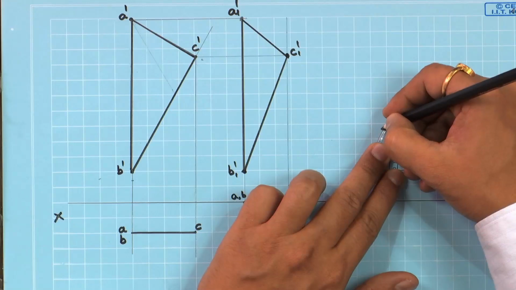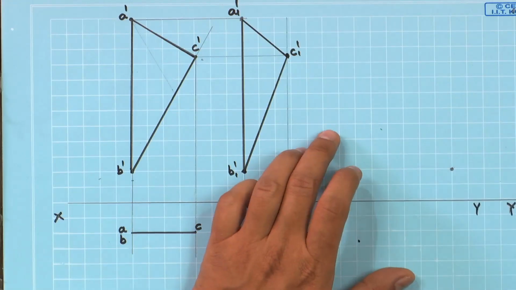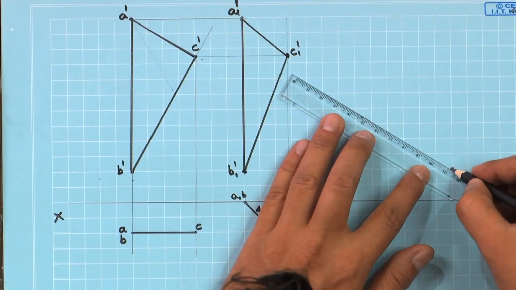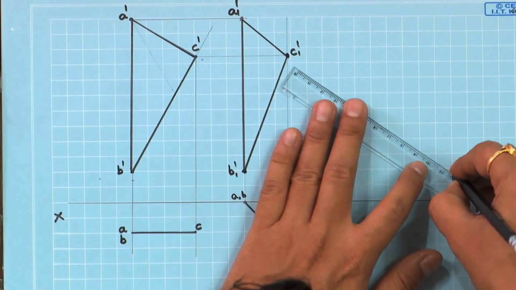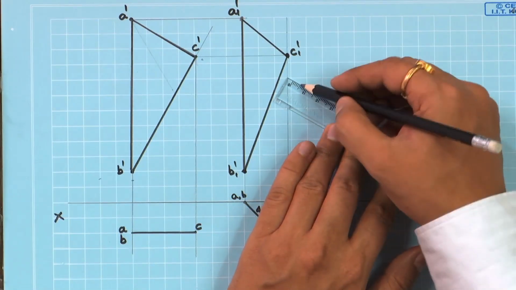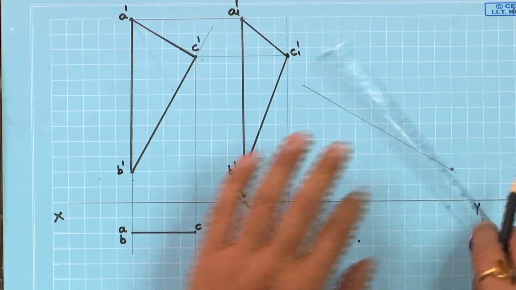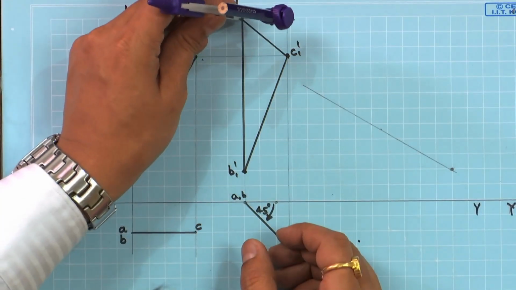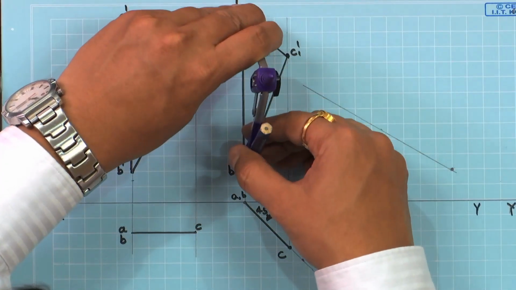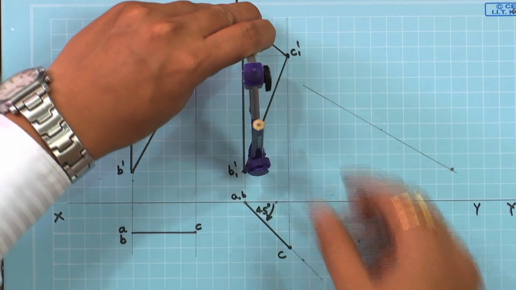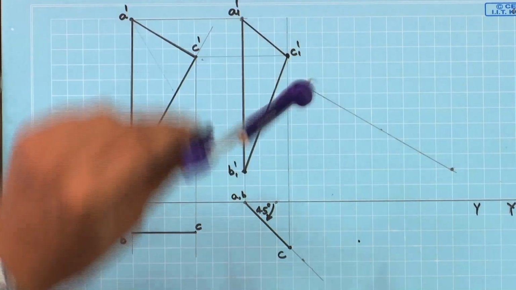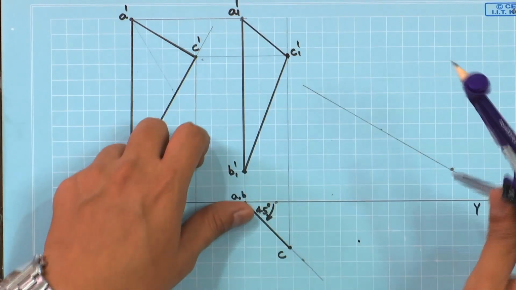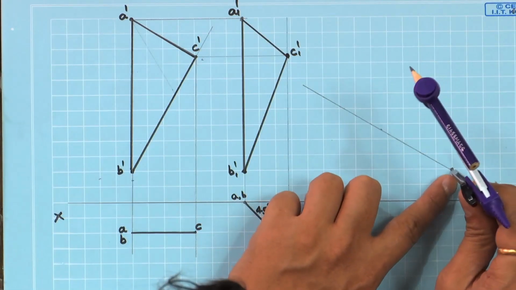So, the 30 degree line is this. Let us join it. In that A1 prime, B1 prime, whatever this length we have, that one has to be mapped.